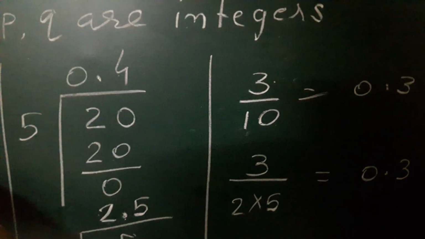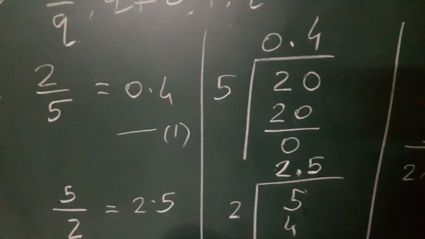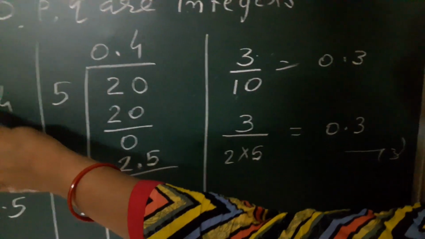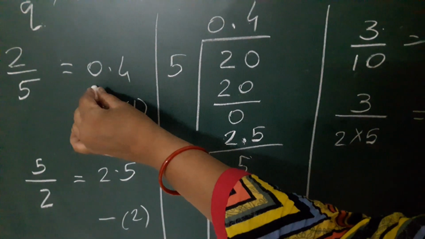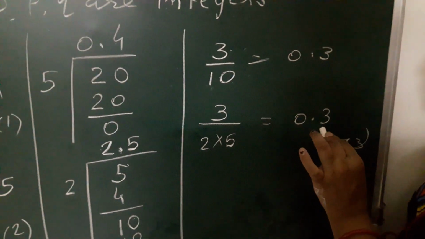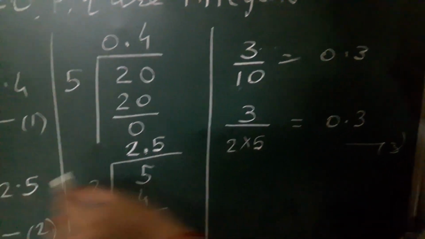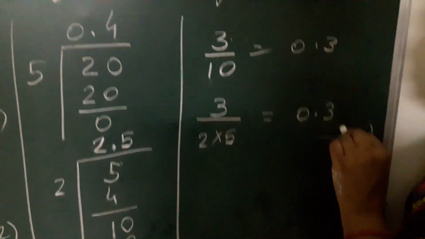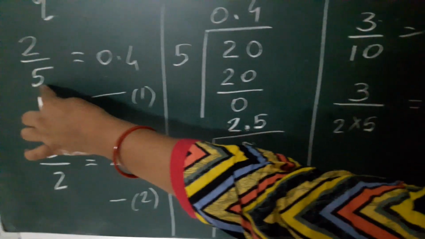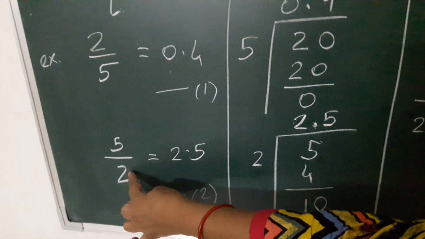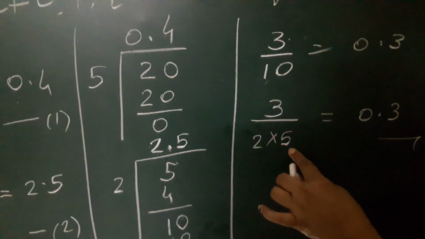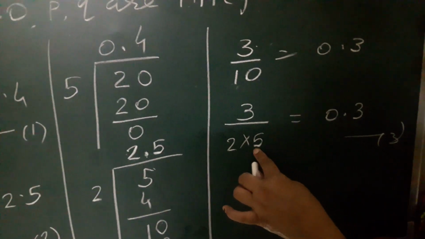Now in all these three examples, first, second and third, all the rational numbers have terminating decimal expansion. So which is the property of q? Here q is 5, here q equals 2, here q equals 2 into 5.